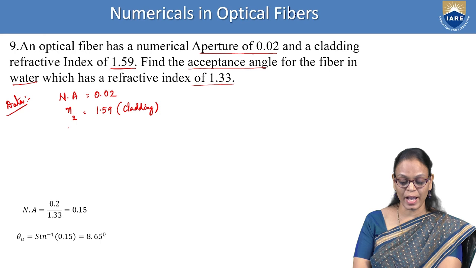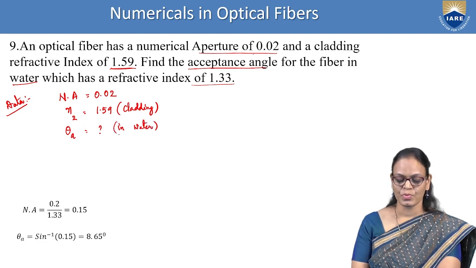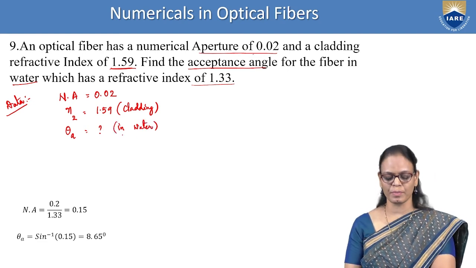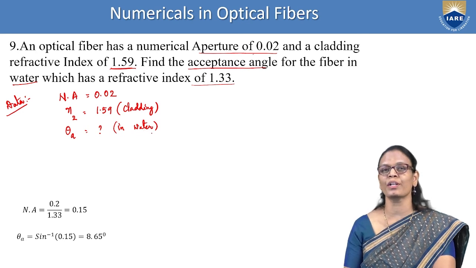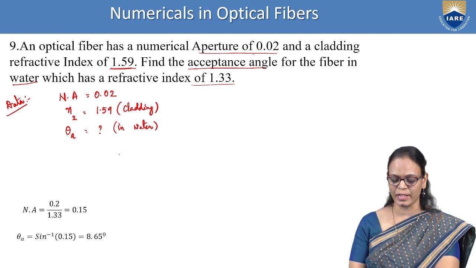We have to find the acceptance angle in water. So when we have to calculate the acceptance angle in water, we will first calculate the numerical aperture in water and then we can simply find theta A.